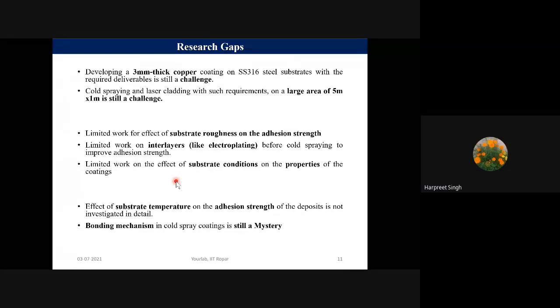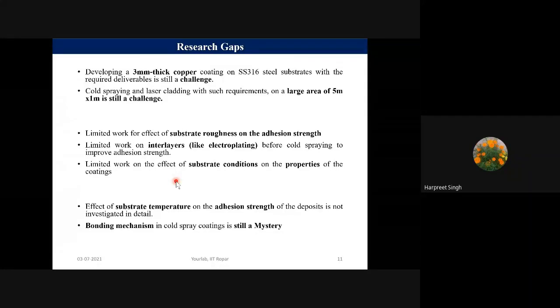Another thing was that since we did a lot of work on this, our objective was to achieve the adhesion strength. So we tried different kinds of strategies. One strategy is usually introducing some interlayers between the cold spray and the substrate. This is another technology thought process given by one of the scientists in IPR, and we tried it.